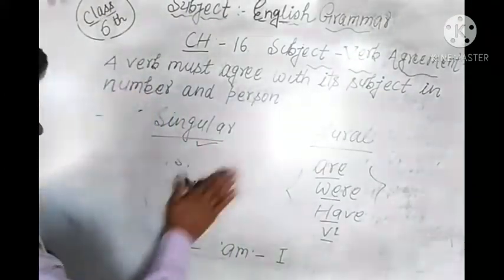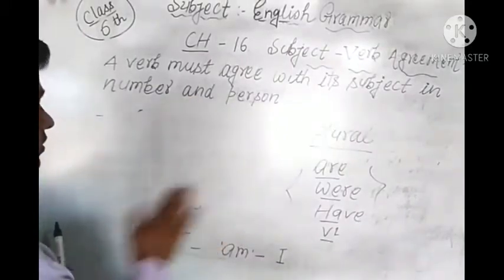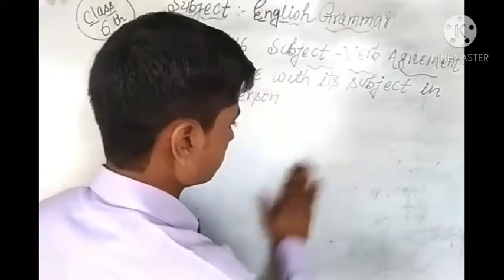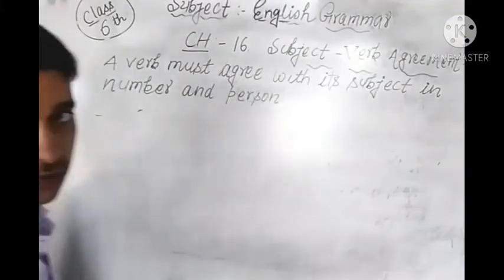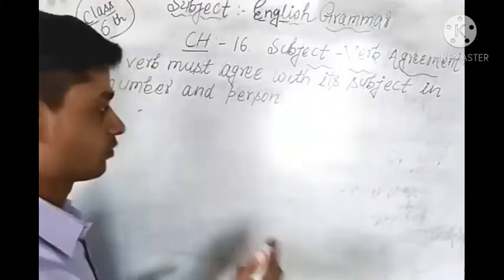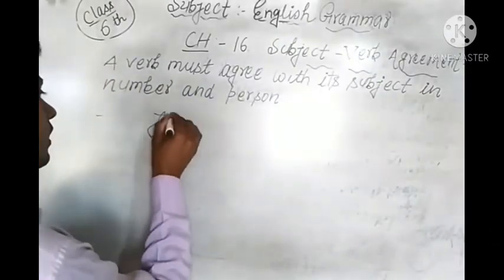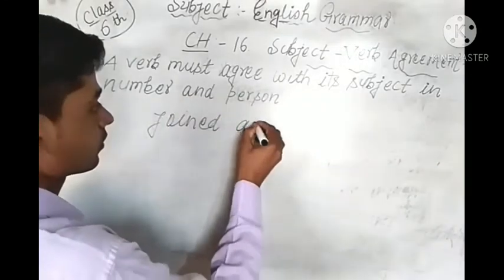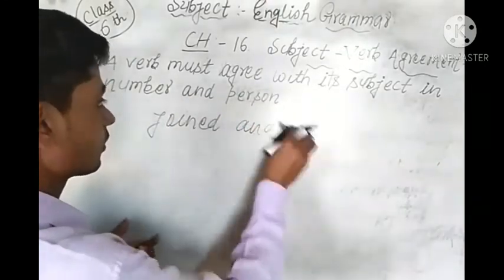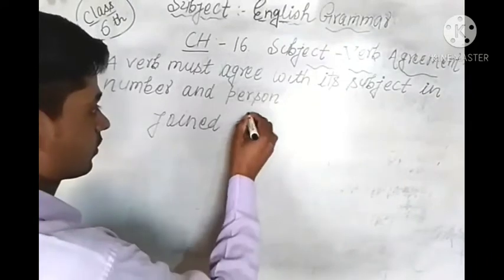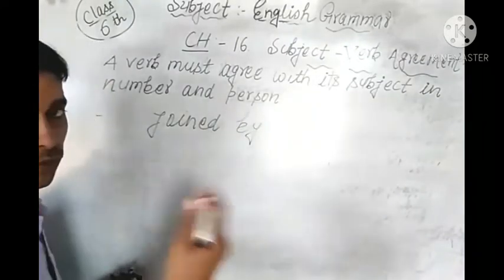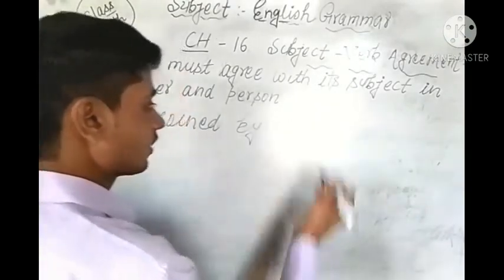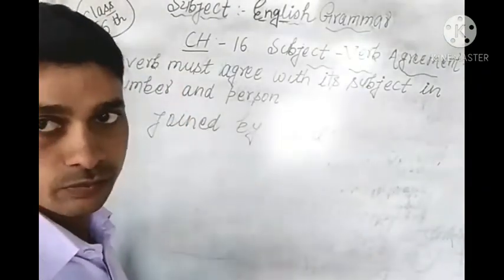First formula: if two nouns or more nouns are joined by and, then the subject is plural.